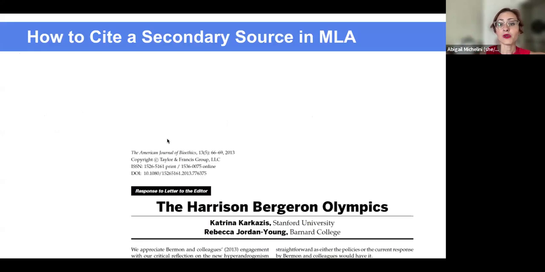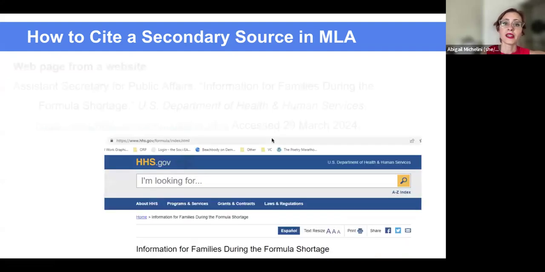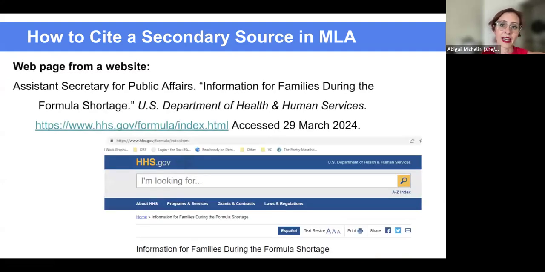I have a few examples of citations here. Here's how to cite a secondary source in MLA. By the way, if you use Consensus or if you use the library databases, you can click that MLA cite button. We're at a point now, thankfully, where we don't have to go over this stuff in detail, but here's an example for you. And here's where I found the information if you need it, okay? Come back to this to double check. Here is how to cite a website in MLA.